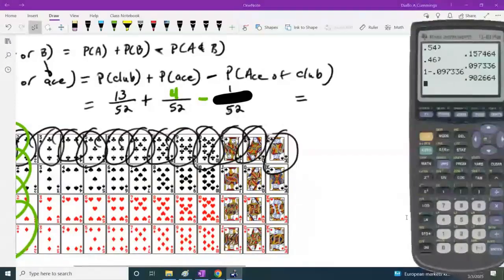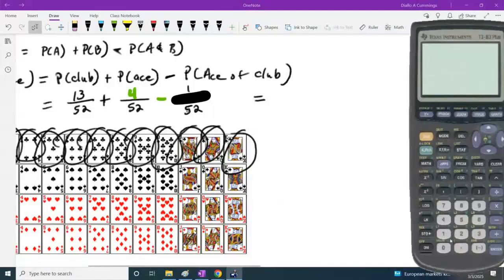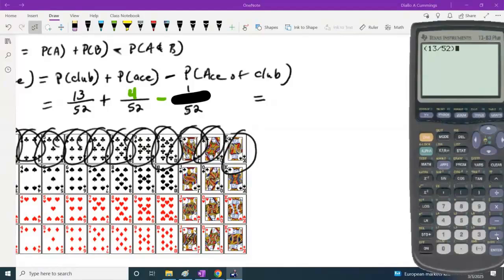So I'm just going to put this in the calculator. 13 out of 52 plus, I'm using parentheses for these fractions, 4 divided by 52 minus 1 divided by 52.